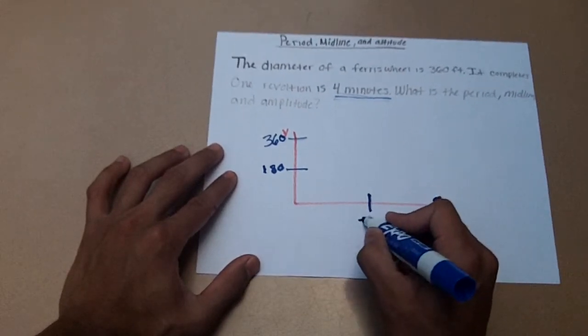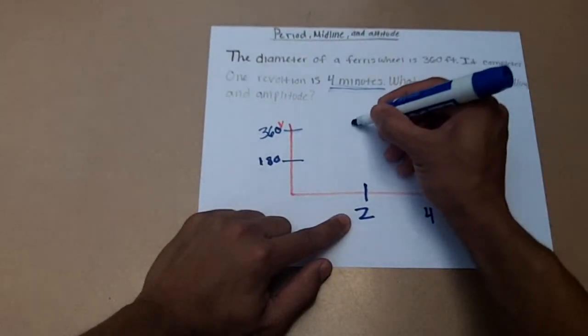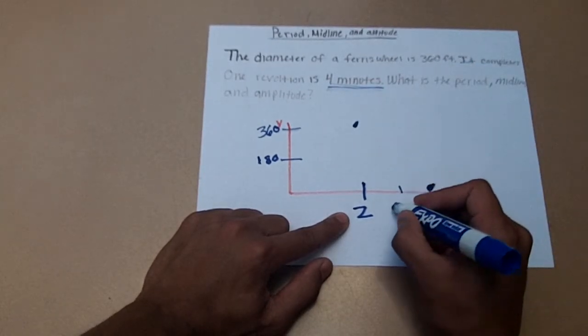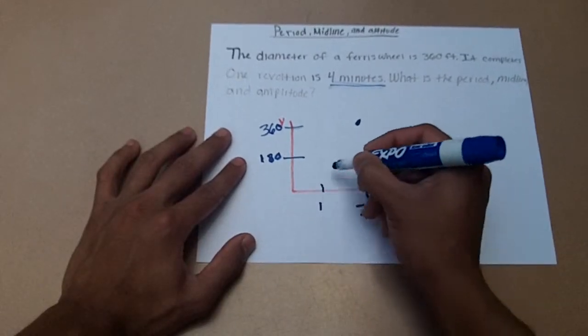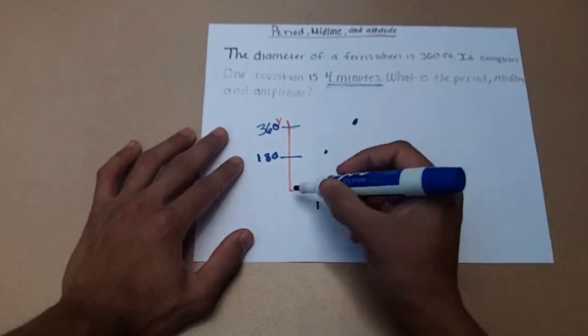And then you put 2 there. So that's going to be your highest point, which is at 360. And then 1 and 3 are going to be at 180. And this is 0.